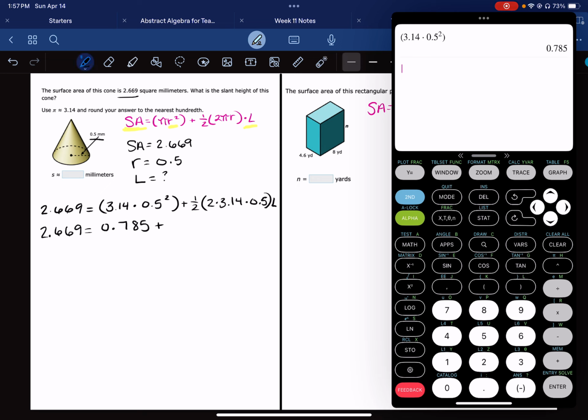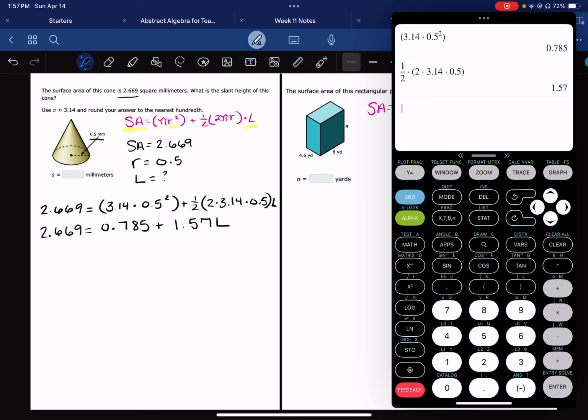For the 1/2, we're going to hit math, the left arrow, and then hit enter. We'll get 1/2 times parenthesis 2 times 3.14 times 0.5, close the parentheses, hit enter, and I get a single decimal, 1.57 L. That gets rid of parentheses, it gets rid of fractions, it doesn't get rid of the decimals, but that's okay.